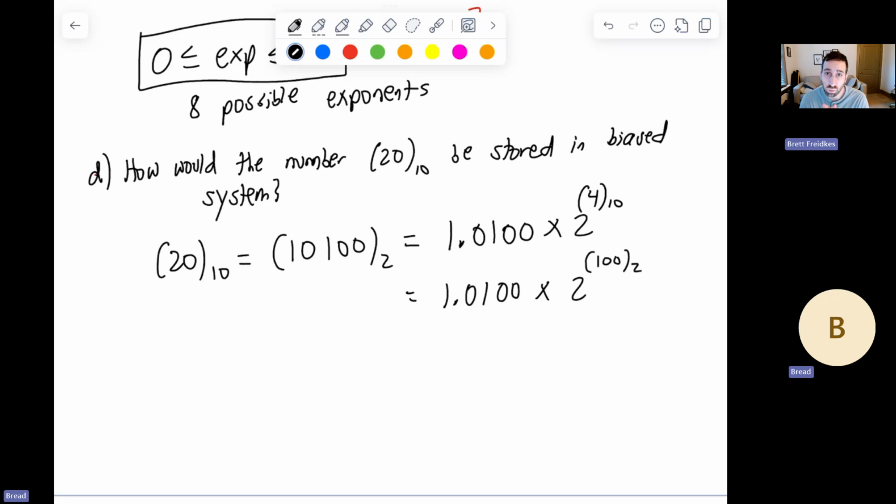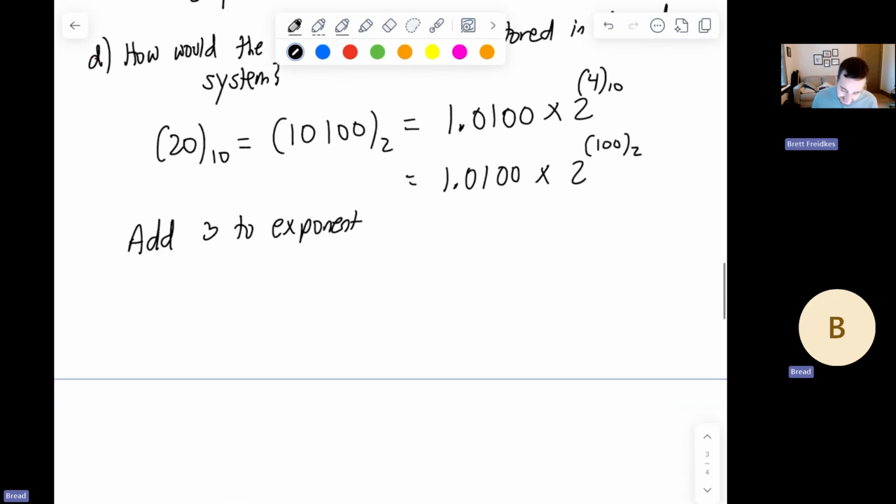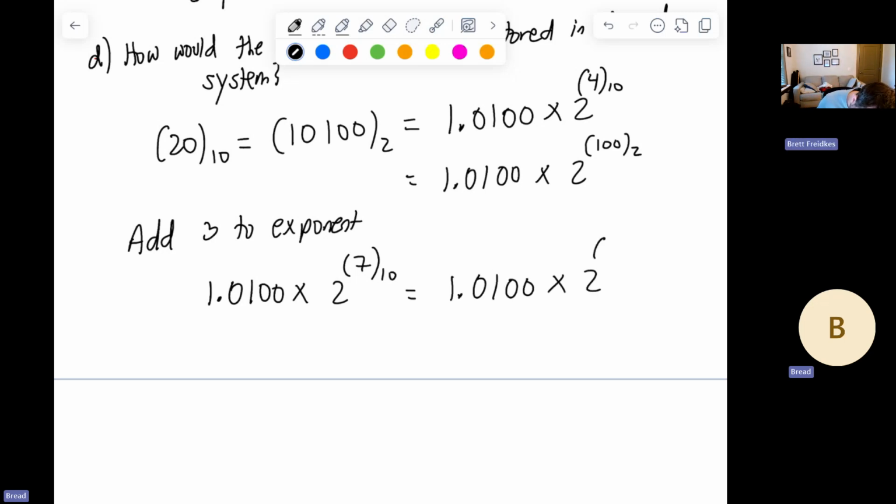So what we just said was if we want to bias something, we have to add 3 to the number. So let's add 3 to the exponent. Because again, that's what I set up here. We have to bias by adding 3 to ensure that it is going to be positive in that situation. So we add 3, which would mean that our number is going to be 1.0100 times 2 to the 7th in base 10, which is 1.0100 times 2 to the 111 in binary.